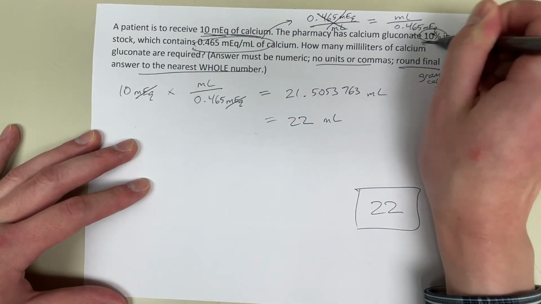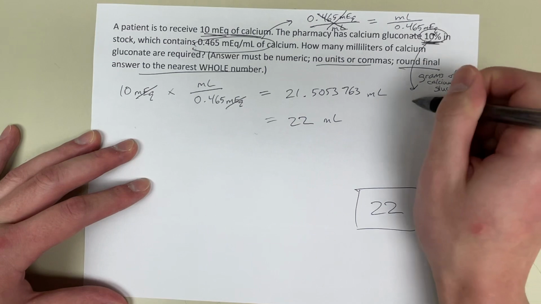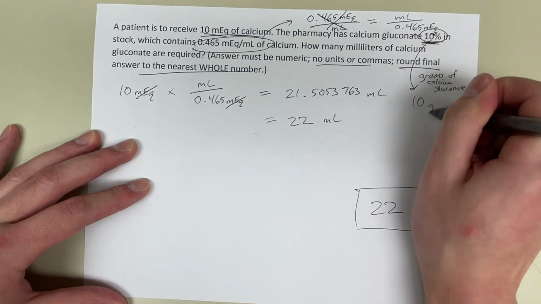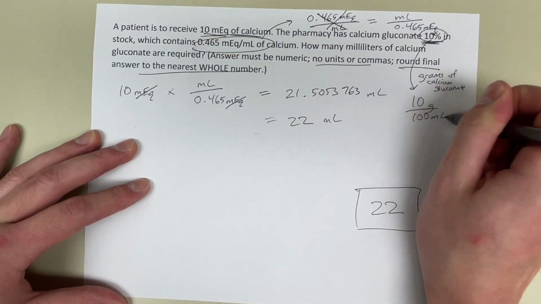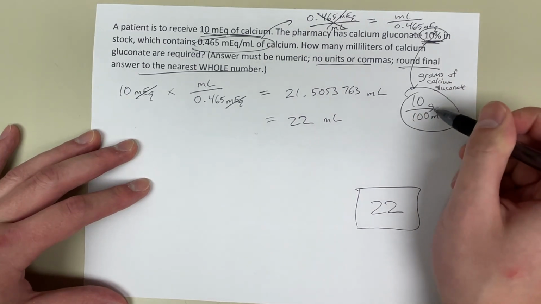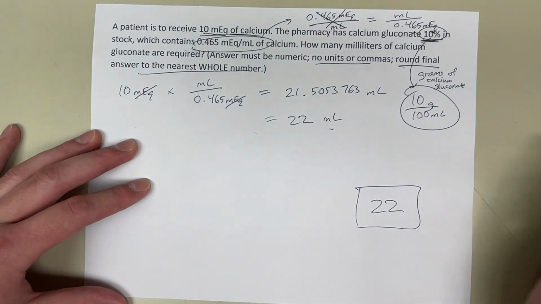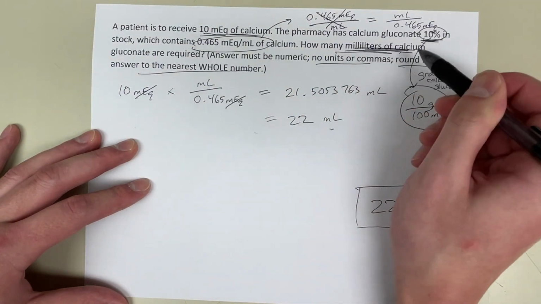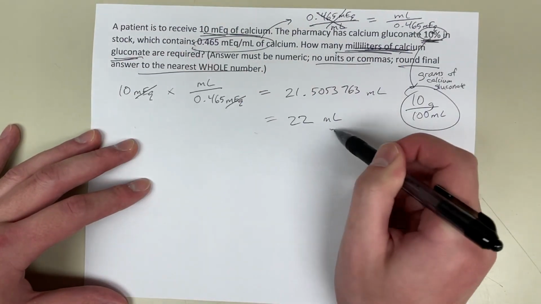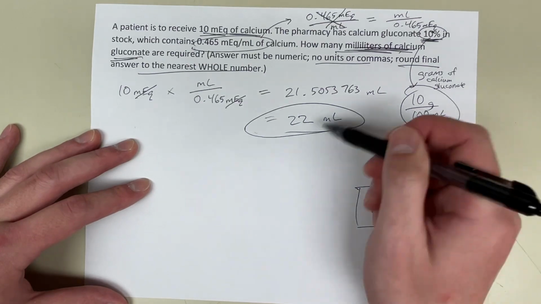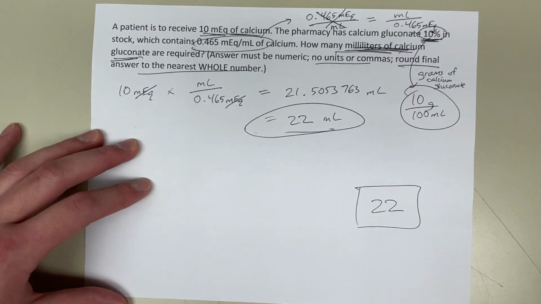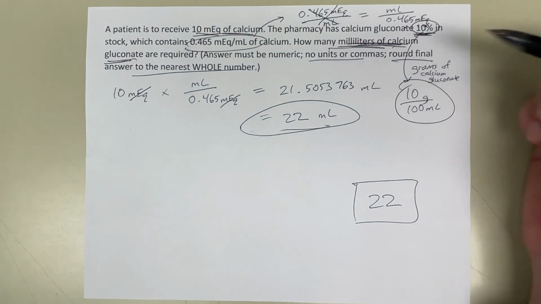Because 10% is the same thing as 10 grams over 100 milliliters. So you could use this as a conversion factor to convert milliliters to grams. But the question only asks for milliliters of calcium gluconate. So that's why you just keep this. You don't need to convert it anymore. That extra number is just there to trick you.